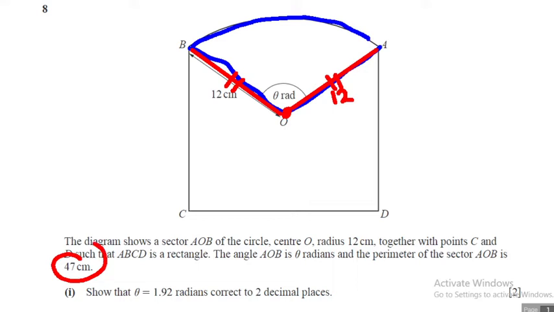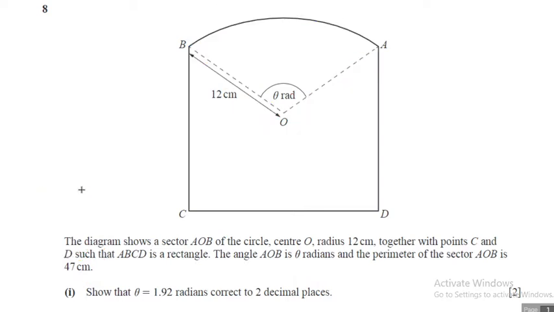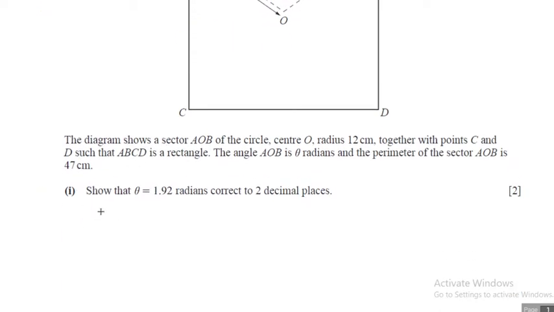If the perimeter is 47, then the arc is 47 take away these 12s, so we can get the length of arc. Length of arc AB equals 47 minus 2 of the radius, 12. This gives 47 minus 24, which is 23.